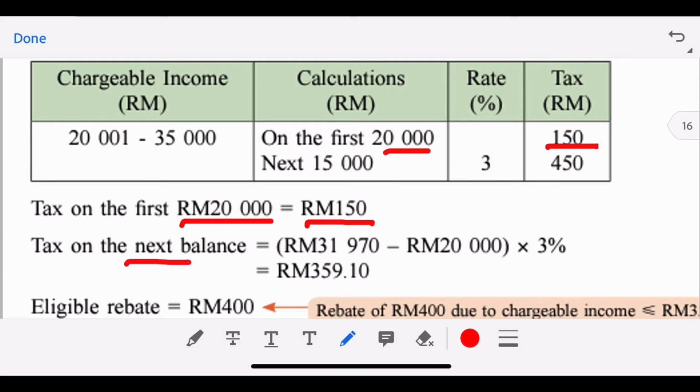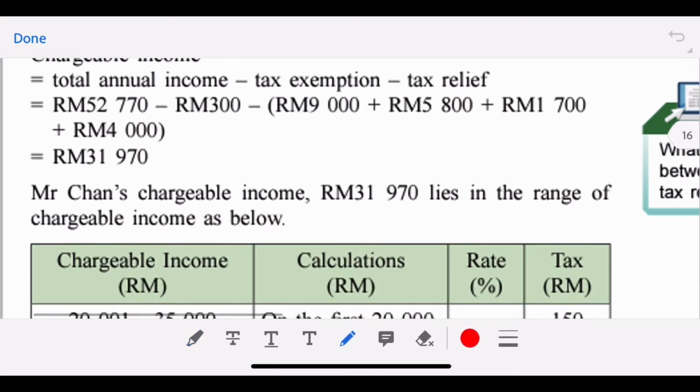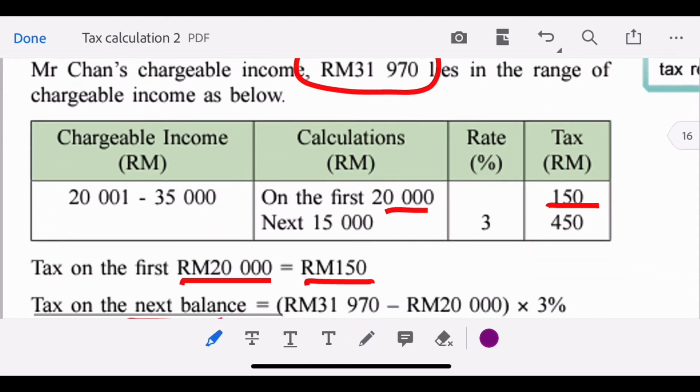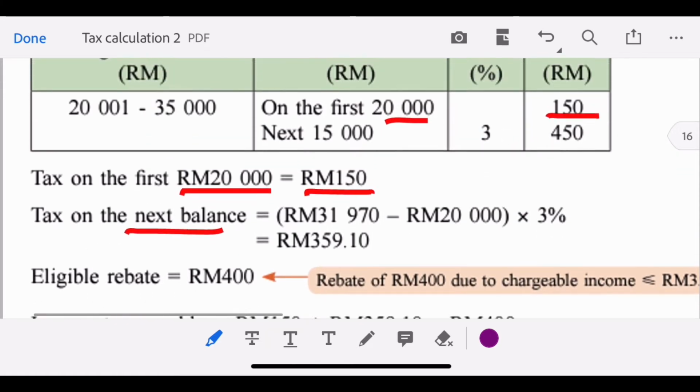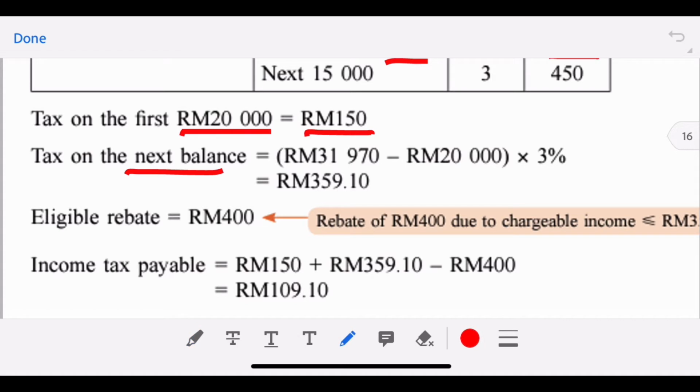For the next balance, we need to take the chargeable income for Mr. Chan. After we take the total annual income minus our tax exemption minus our tax relief, the chargeable income will be used to calculate the tax that needs to be paid by Mr. Chan.